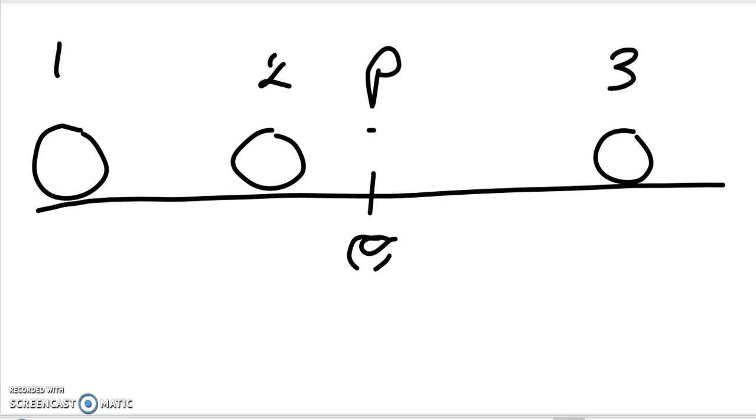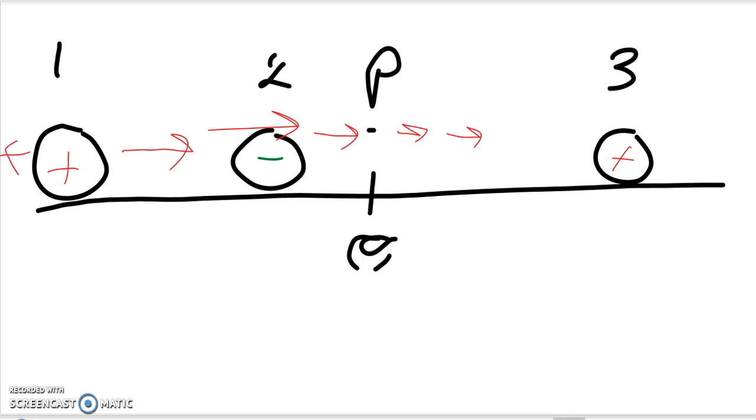Let's make both Q1 and Q3 positive, and we'll make Q2 negative. So if I want to draw the field lines, and I'm not going to worry about the magnitudes, the field lines from 1 are going to be emanating away from the charge.